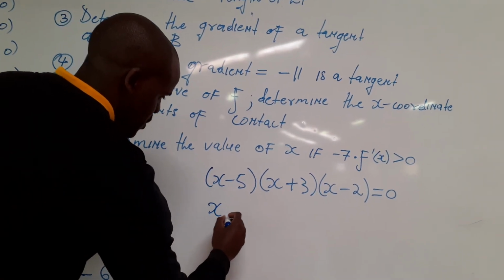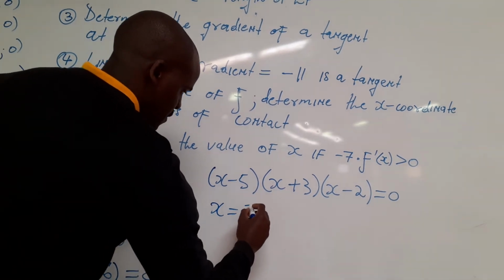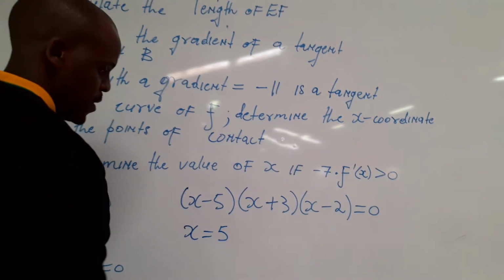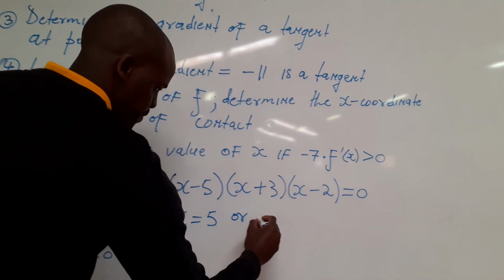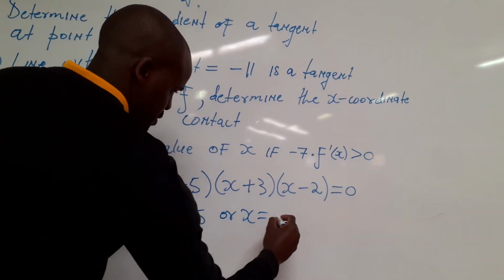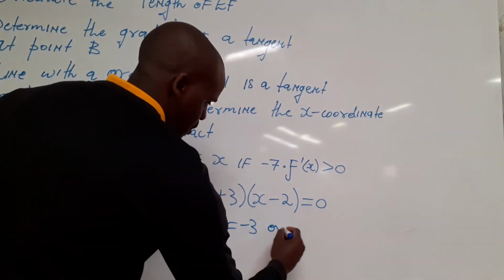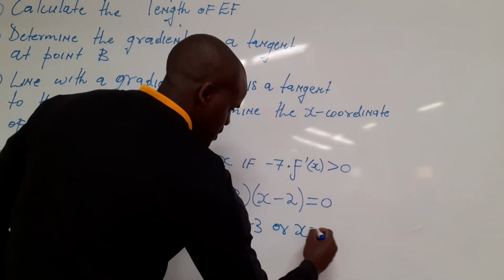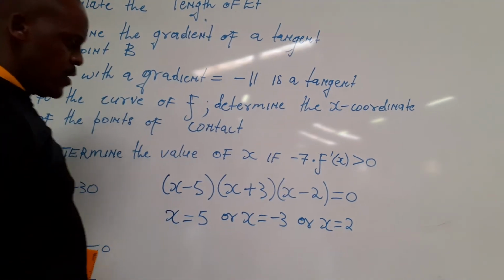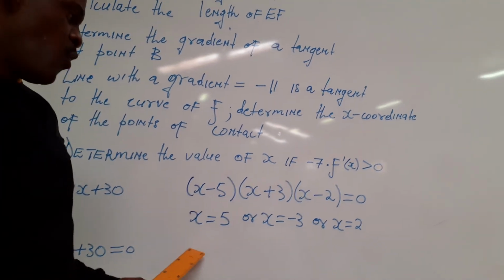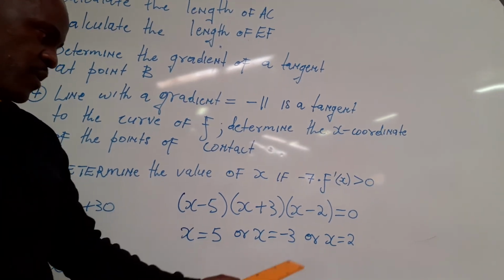Therefore, x is equal to 5, or x is equal to negative 3, or x is equal to 2. These are our roots, the values of x.